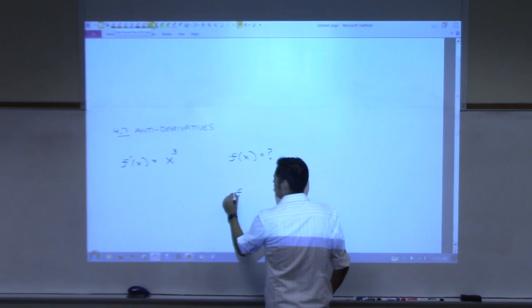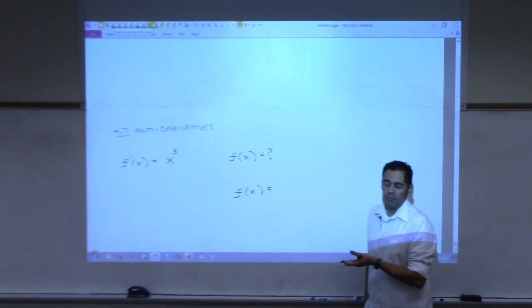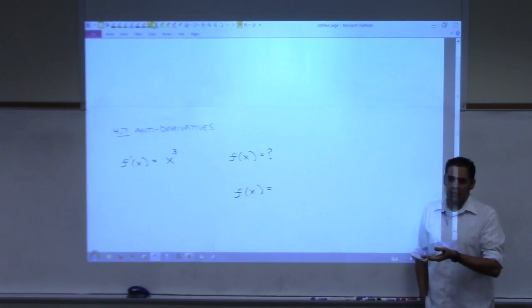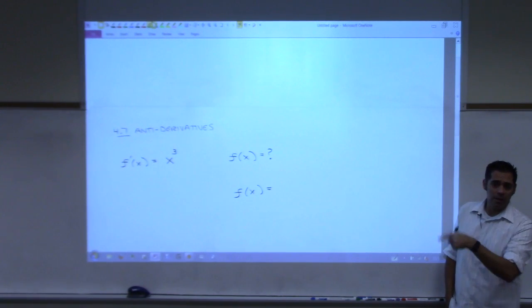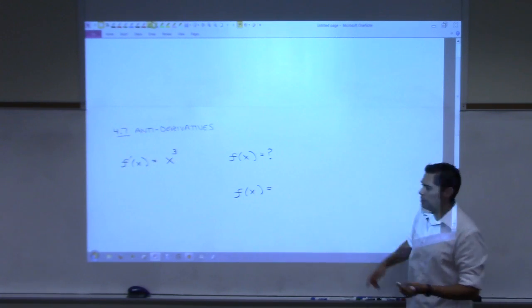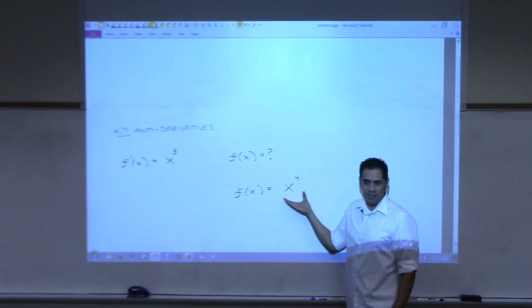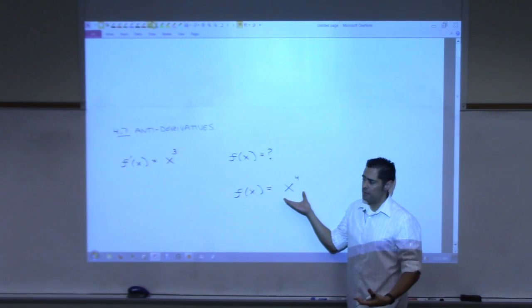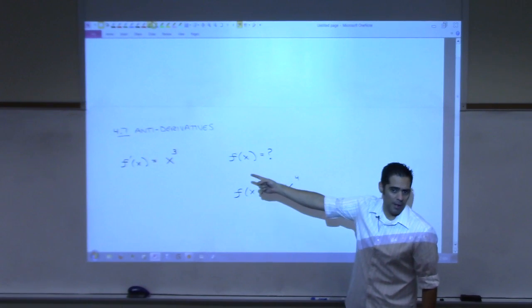Okay, yes. Let's think about this. What can you tell me about the power? This is x cubed. The power came down one when you took the derivative. That means the power on the original must be one higher than that one, which would be x to the 4th. Agreed? But if I just say it's x to the 4th and I take the derivative, the 4 is going to come out. That does not have a 4 in front.